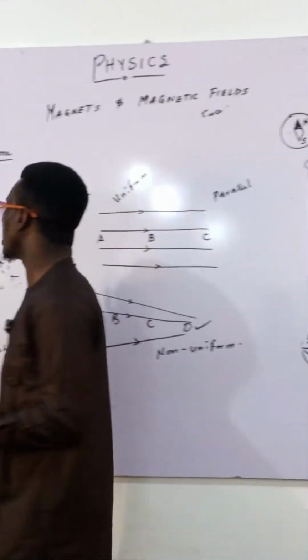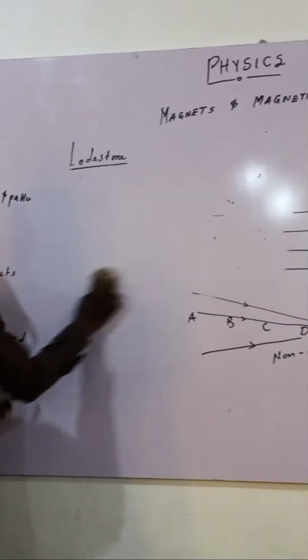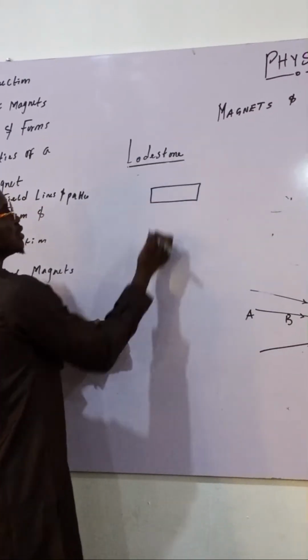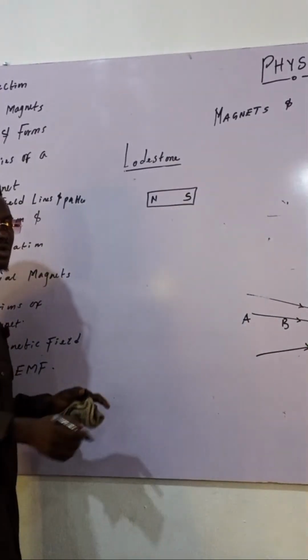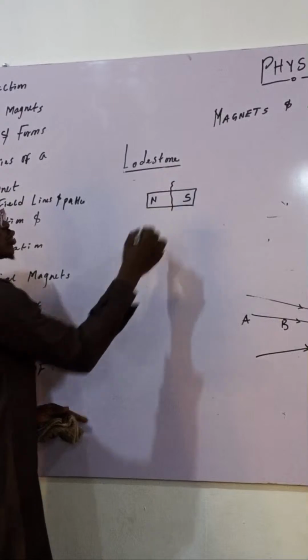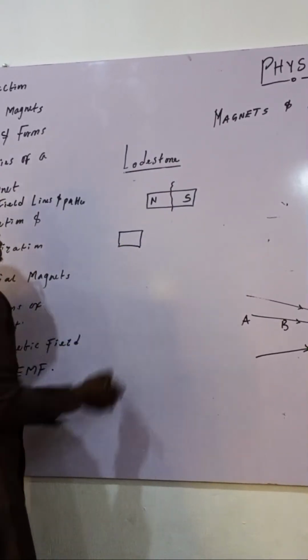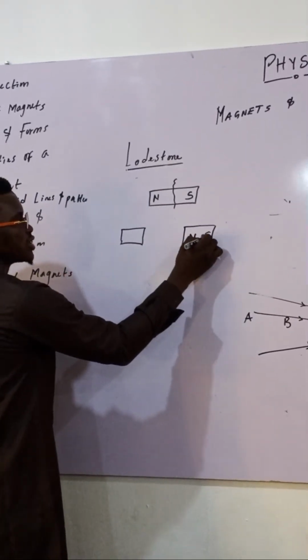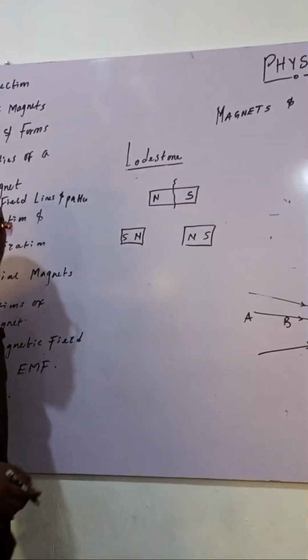So, for example, let's say I take a bar magnet like this. This is north, this is south. When I break this magnet into two, the two other magnets will produce their own north and south.